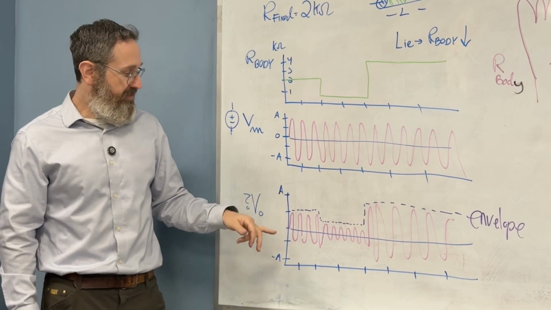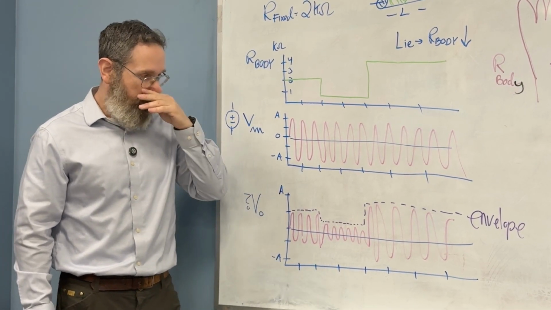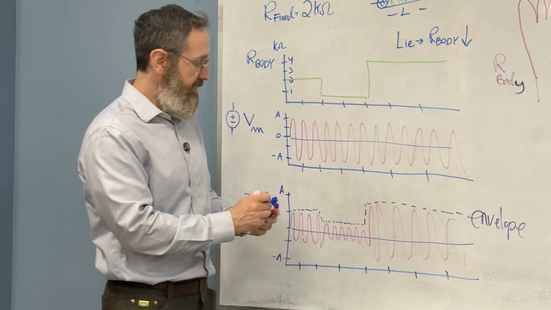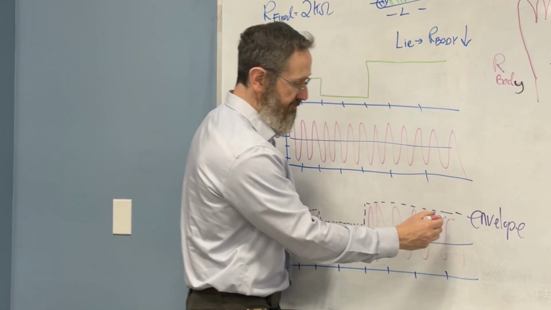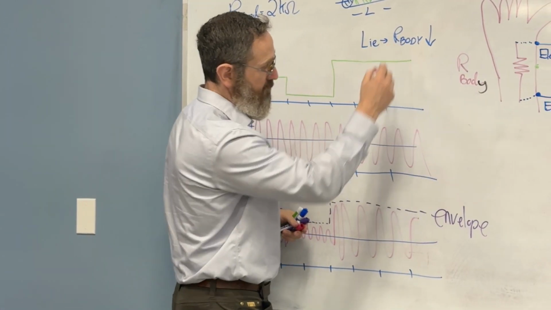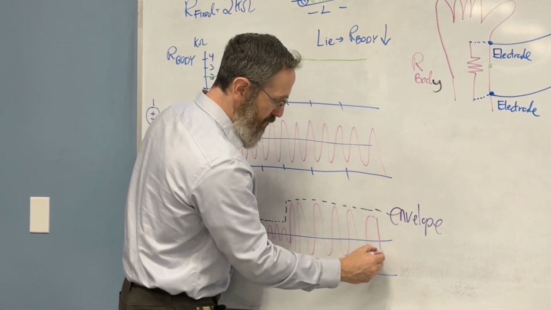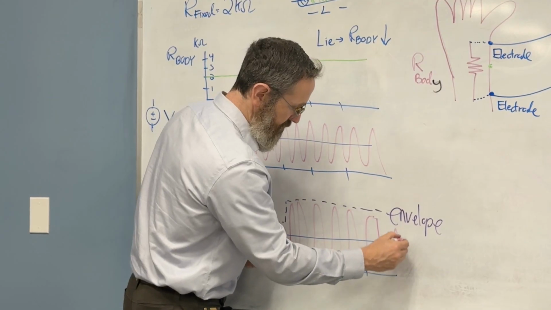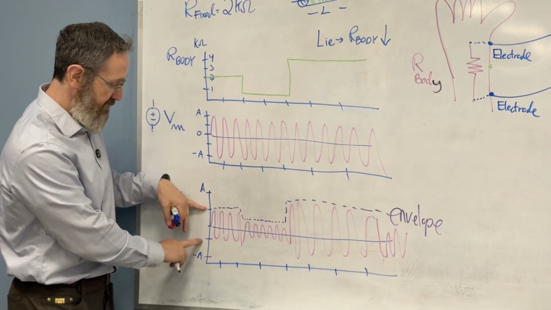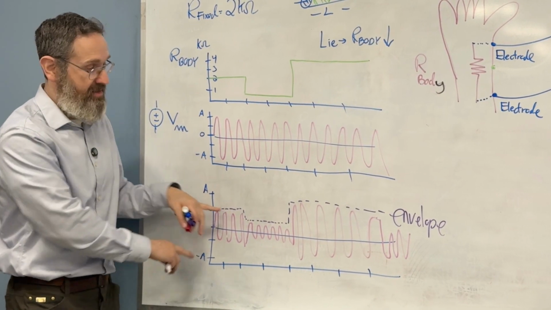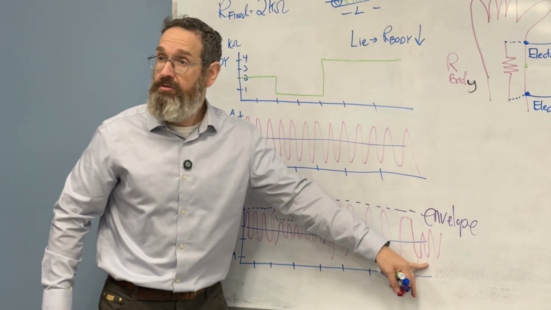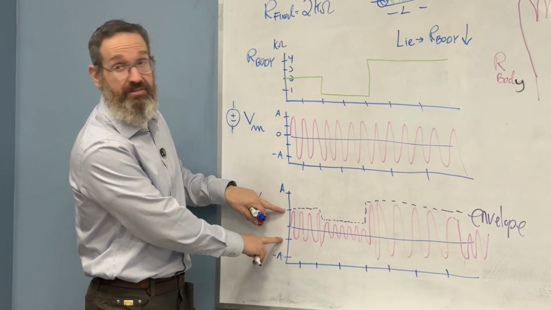For example, if I said at some time point here, now I don't know the resistance, but at some time point here it goes back to this value. So at this time point here, it's back to half.